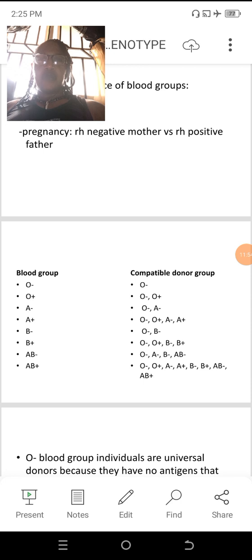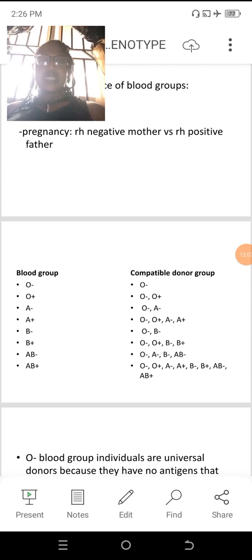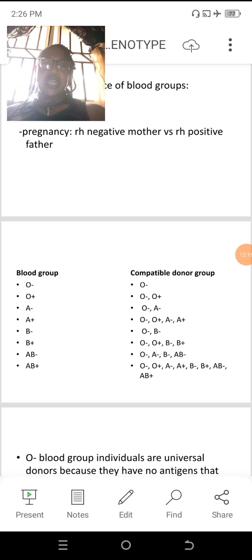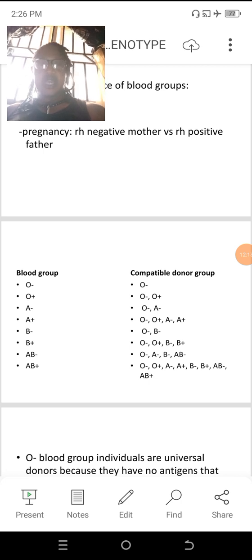Then O positive individuals can receive blood from O negative or O positive individuals. Individuals who are A negative can receive blood from O negative and A negative individuals. Then people who are A positive can receive blood from O negative, O positive, A negative, and A positive people.